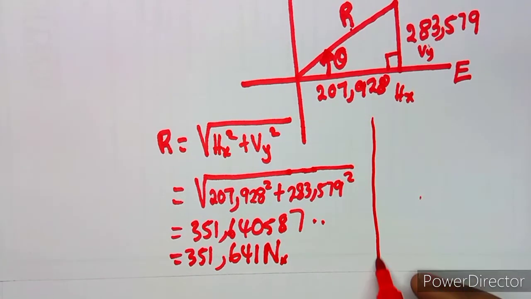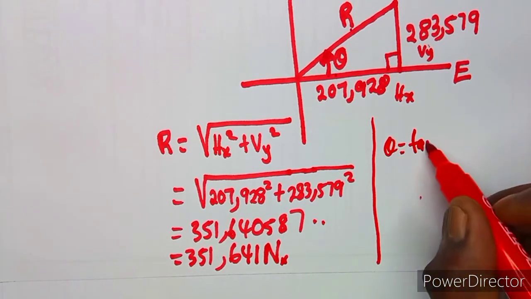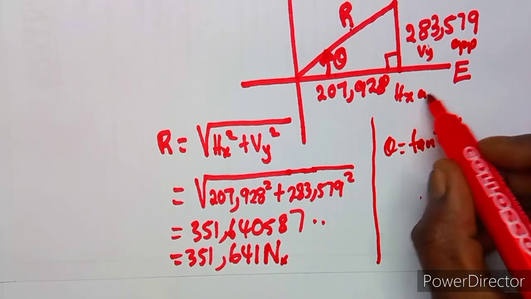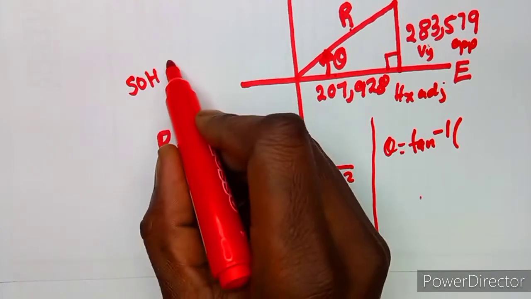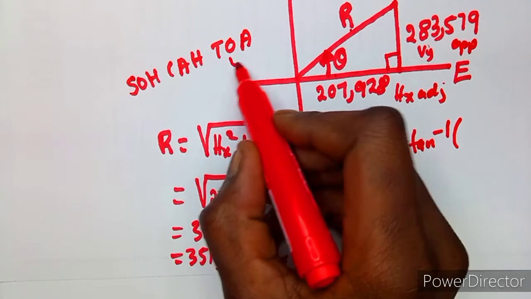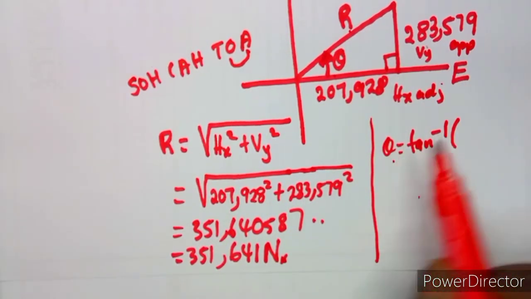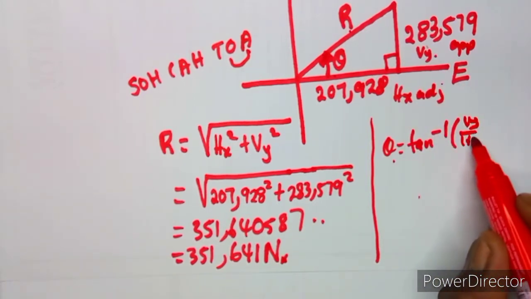Okay, then the theta here, which we know is going to be arctan, because we are given what? Opposite and adjacent, and it's only tan from your SOH CAH TOA, which has opposite and adjacent. So tan theta is opposite over adjacent, which means theta is arctan of opposite, which is Vy over Hx.